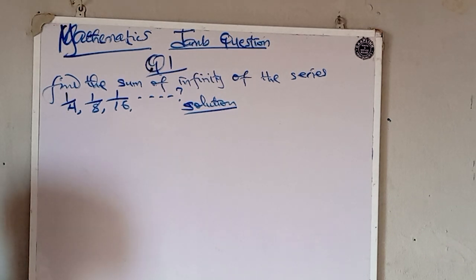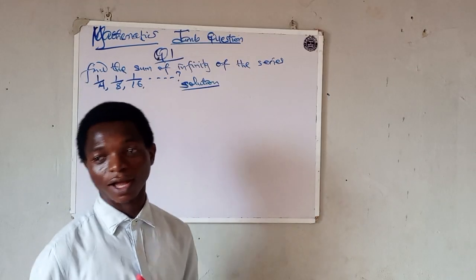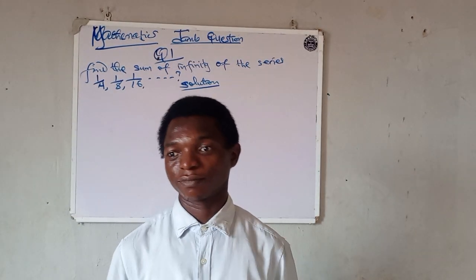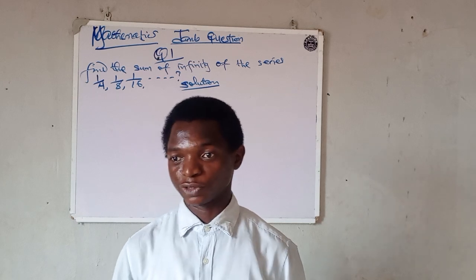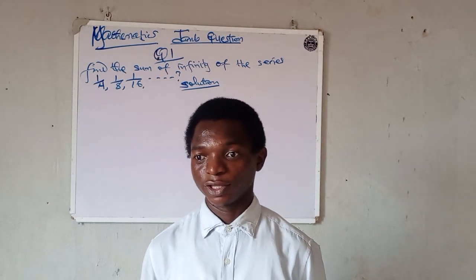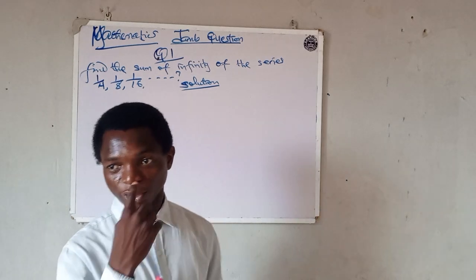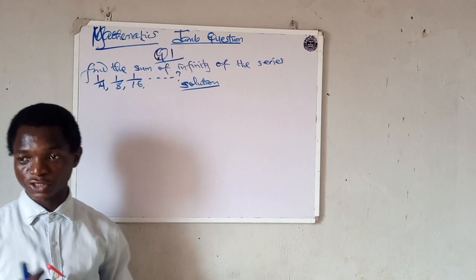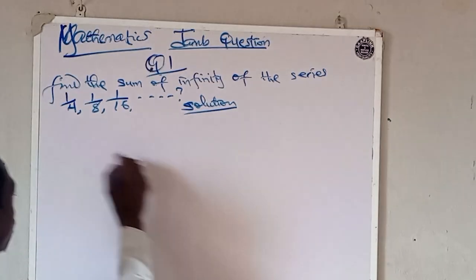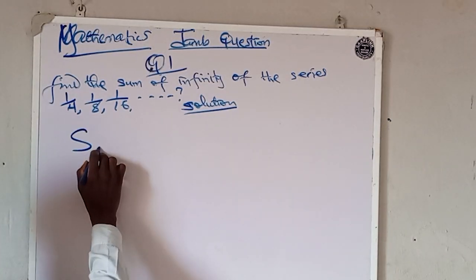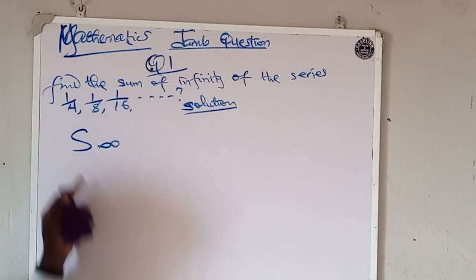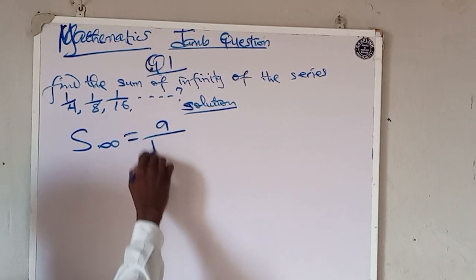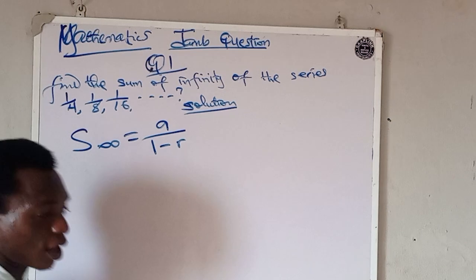First, you are going to identify your first term and your common ratio respectively, because to get the sum to infinity of this GP, there is a formula. The sum to infinity of the series is equal to A over 1 minus R.